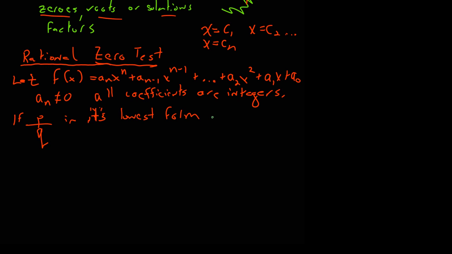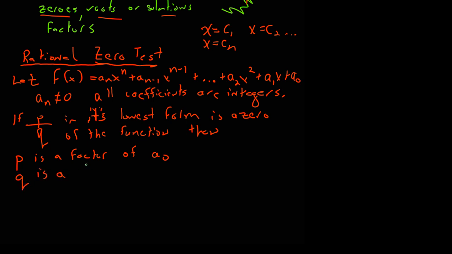So if p over q is a 0 of the function, then p is a factor of a sub 0, and q is a factor of a sub n.